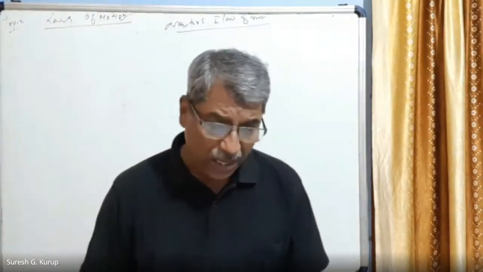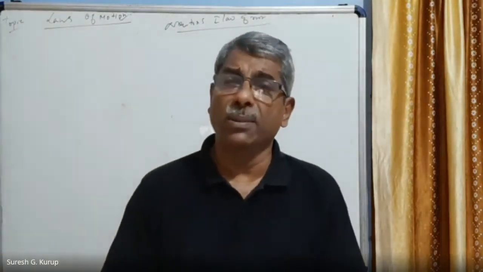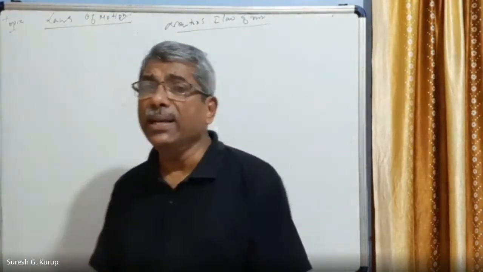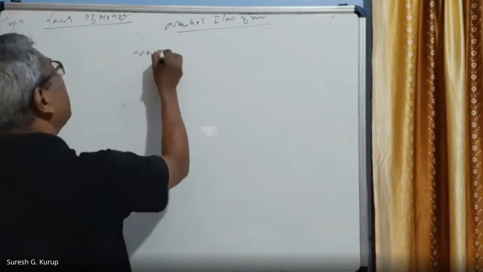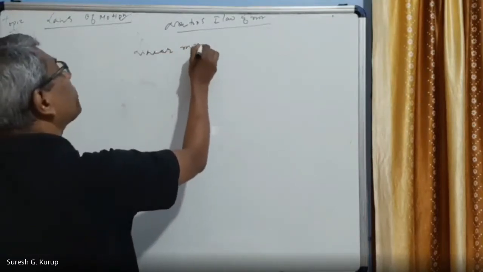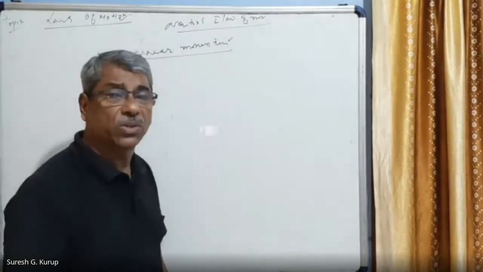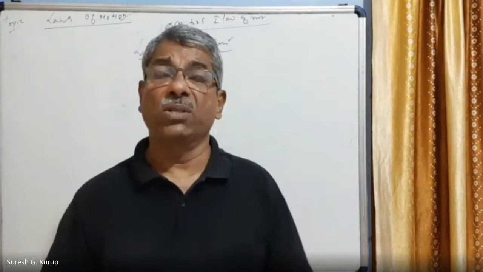Now next, I am going to tell you about another quantity called momentum. In this class, I will talk about linear momentum. What is linear momentum? If this question is asked, they will say, sir, the product of mass and velocity is called momentum.